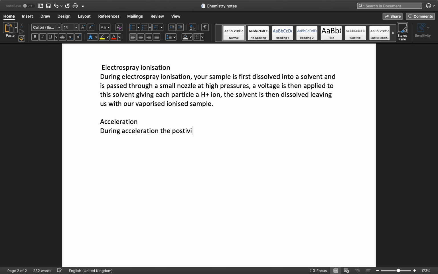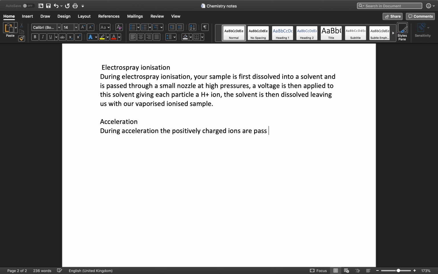During acceleration, the positively charged ions are passed through to the acceleration area, where they enter an electric field.